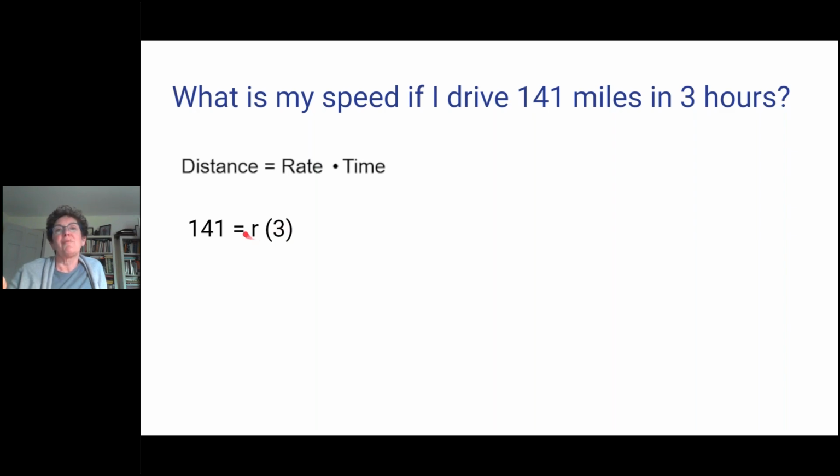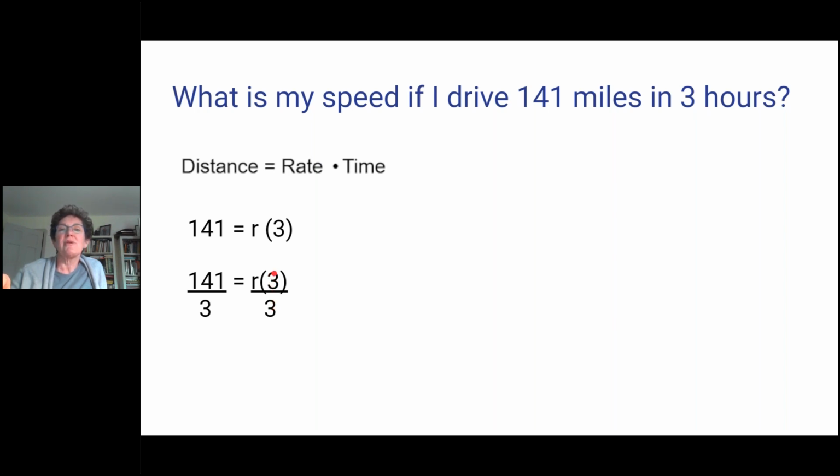How do I solve for my rate? I know that these two are multiplied, so to undo that multiplication, I'm going to divide both sides by 3. And let's see what my answer is. Here's what this looks like. I'm going to divide this side by 3.